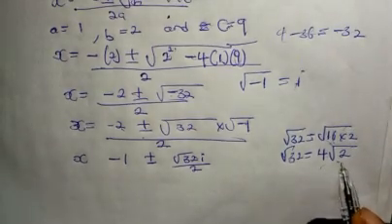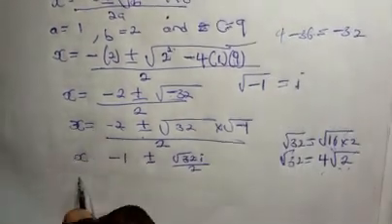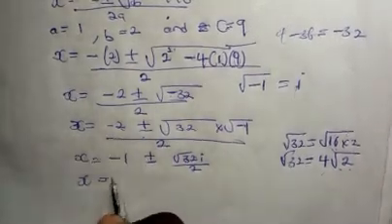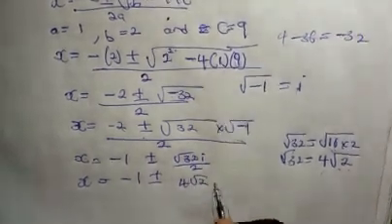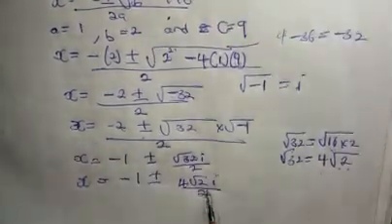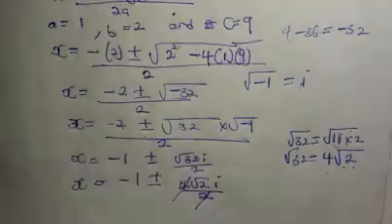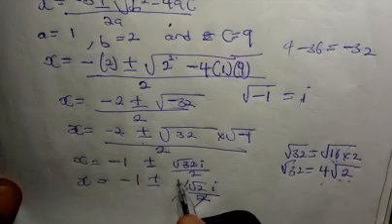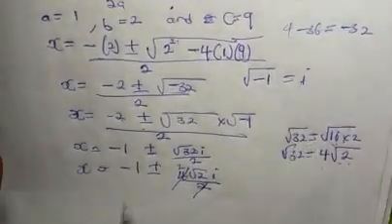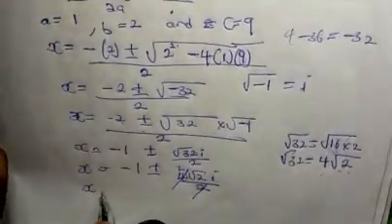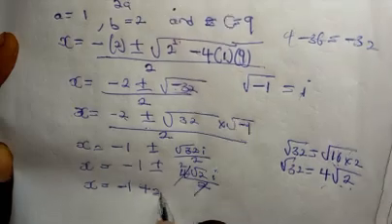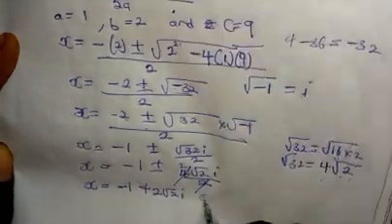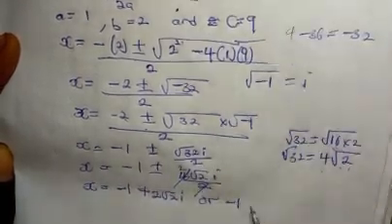Therefore, root 32 is equal to 4 root 2. Substitute that here, we have x is equal to minus 1 plus or minus 4 root 2 iota divided by 2. So 2 can go in 4, so 2 in 4 is 2.